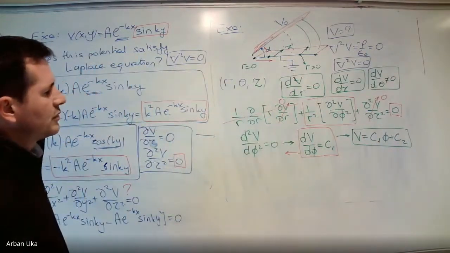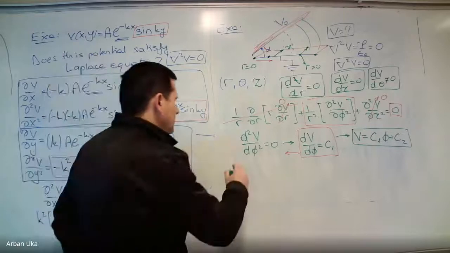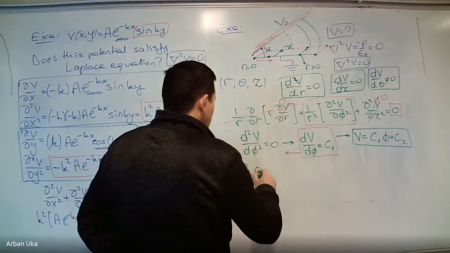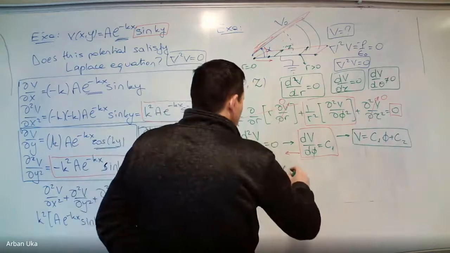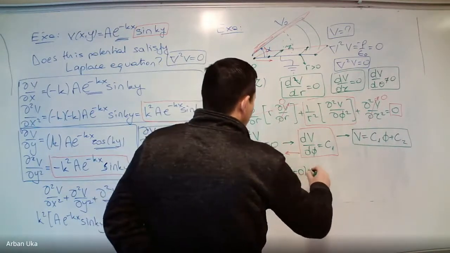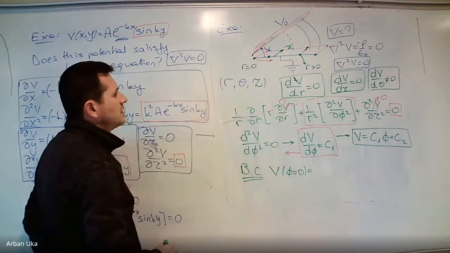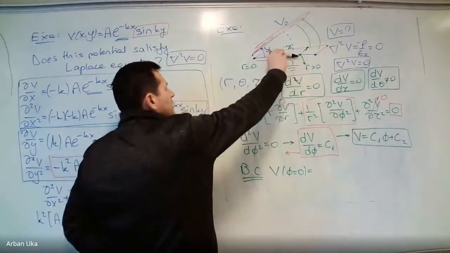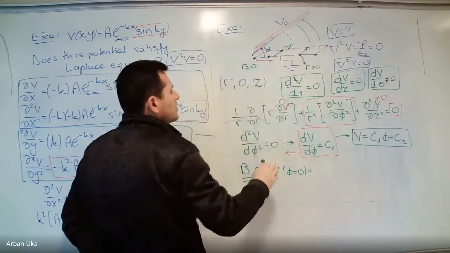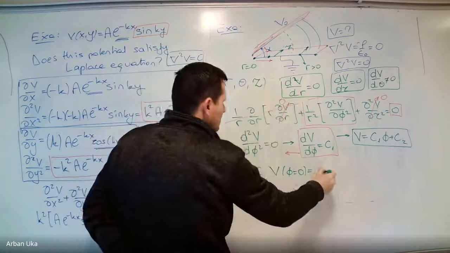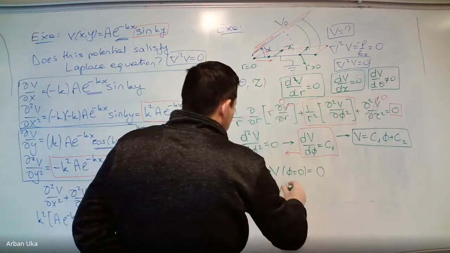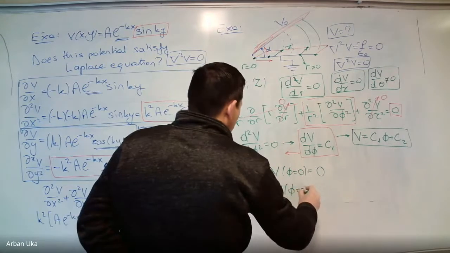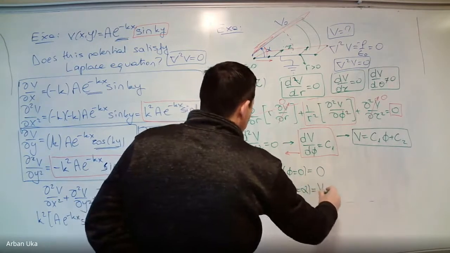But now we have to apply the boundary conditions. The boundary conditions state that the potential when the angle phi is equal to 0 is equal to what? So when the angle is 0, what is the potential? It is grounded, so this is 0. The second boundary condition states that when the angle phi is equal to alpha, the potential is equal to V0.